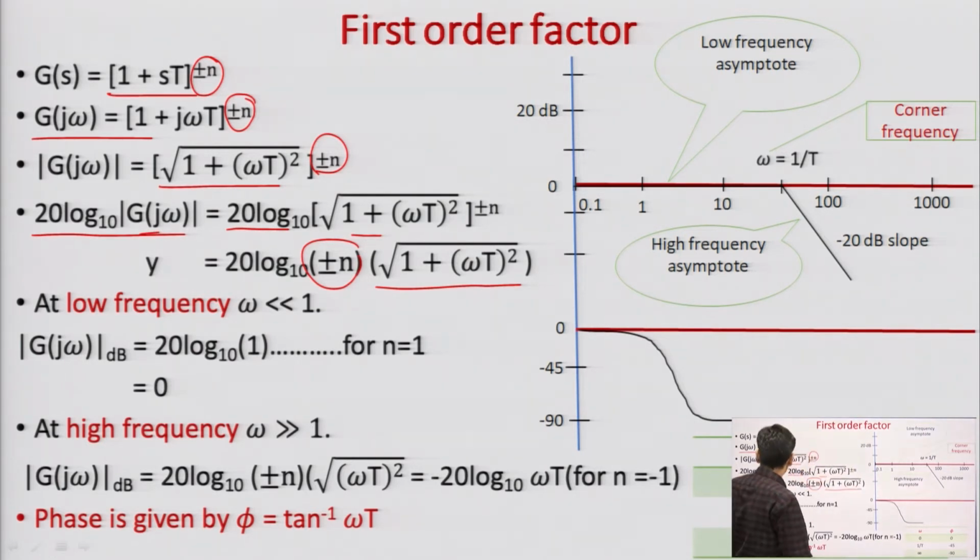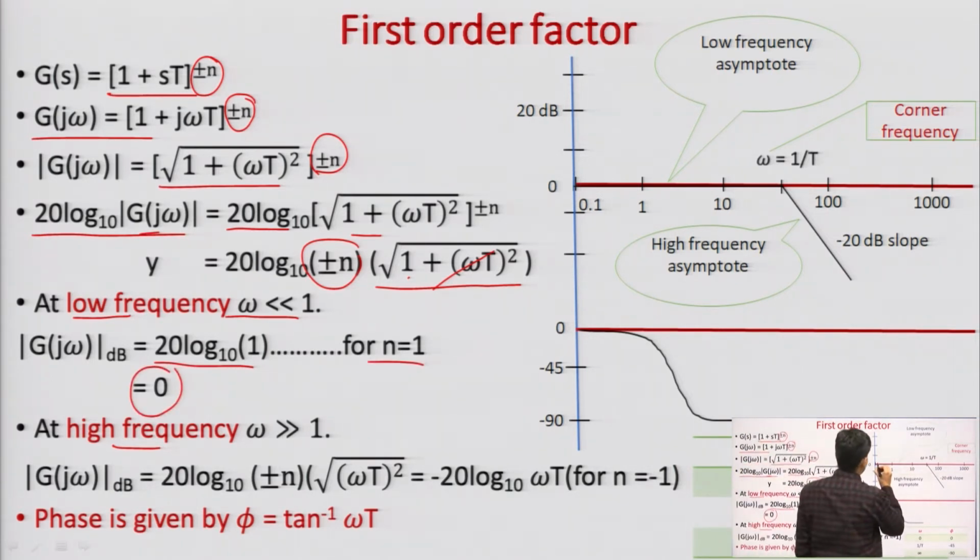So, we are doing a low frequency plot and a high frequency plot. For low frequency, I am saying omega T is very small as compared to 1, so I can neglect this whole term. Here this will become only root 1, that is 1. If I assume n is 1, I will get 20 log 10 of 1, which is 0. It means in the magnitude plot for low frequency I will get a straight line at 0 dB.